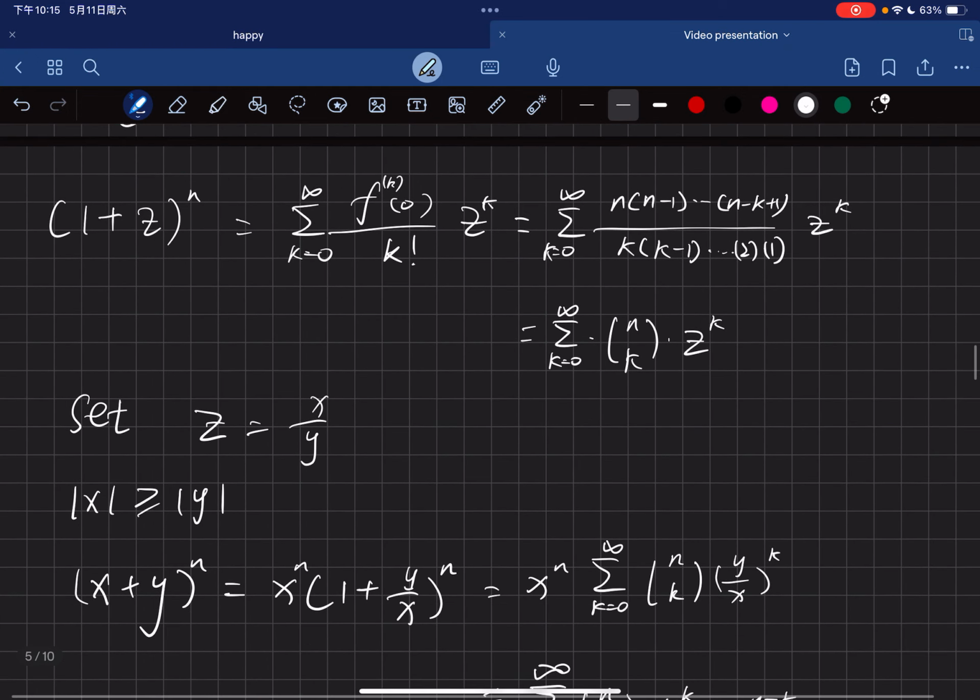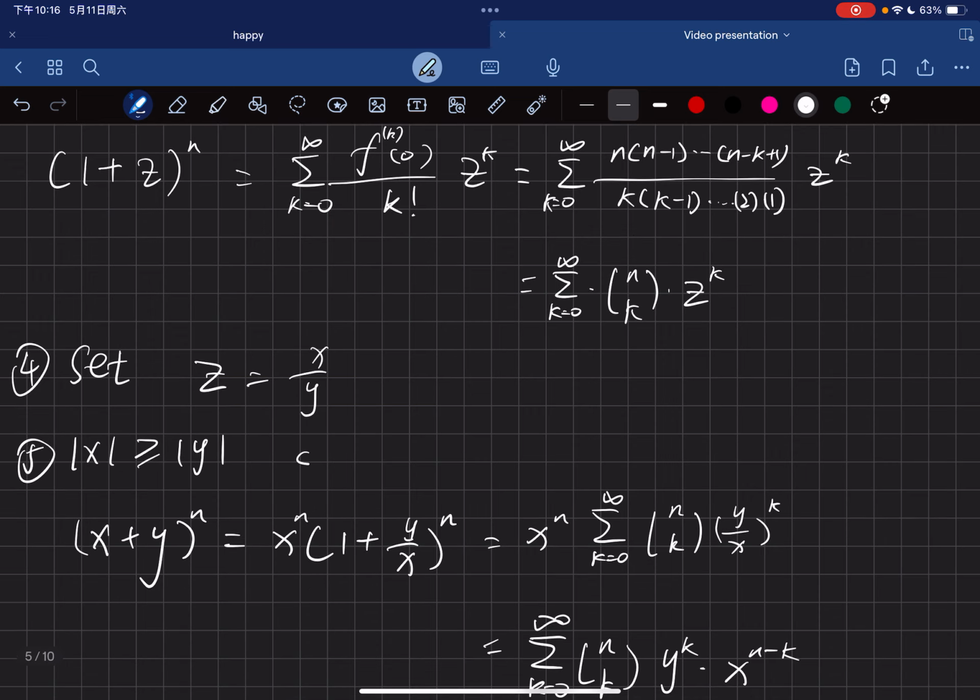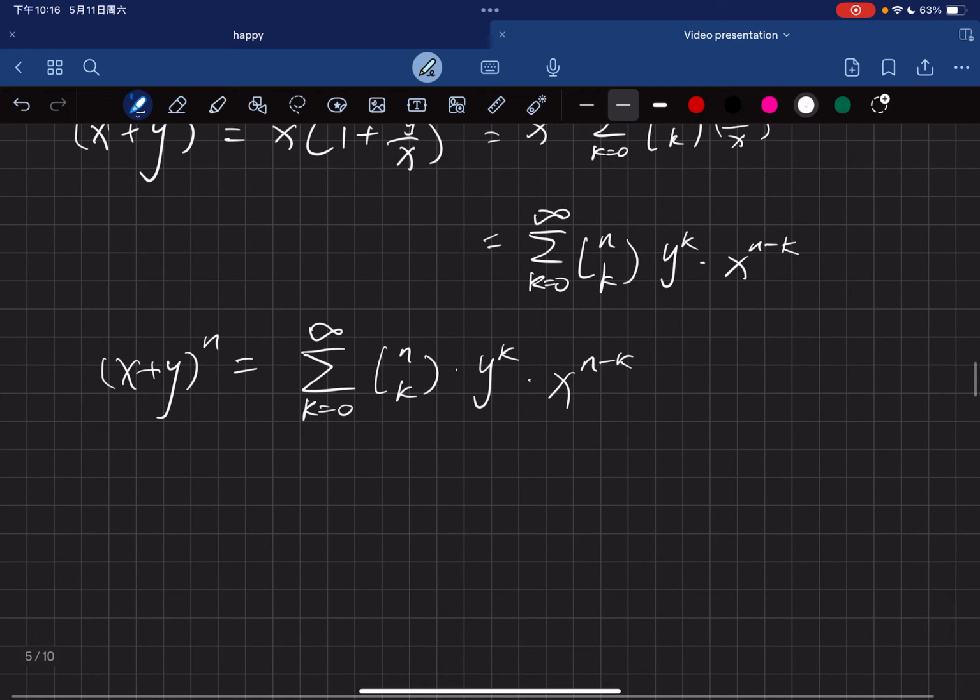Then after that you should guess z equals x over y, and the fifth step is you should know the restriction of the equation: the absolute value of x should be greater than or equal to the absolute value of y. This is the condition for the equation.